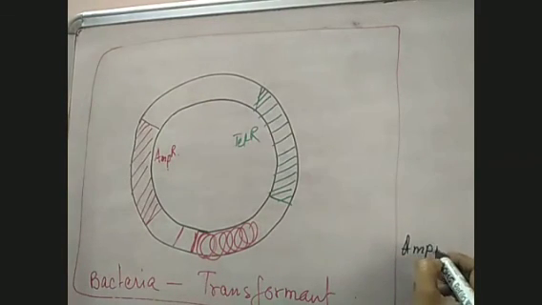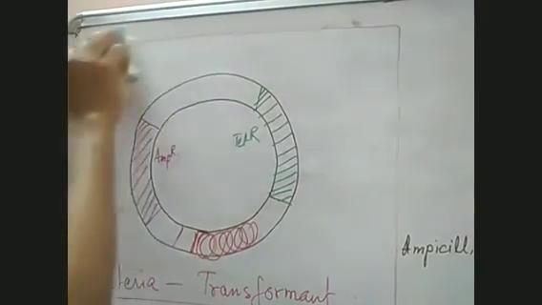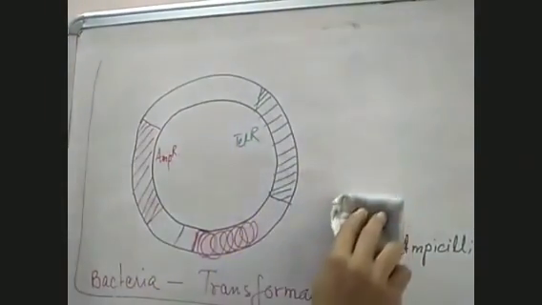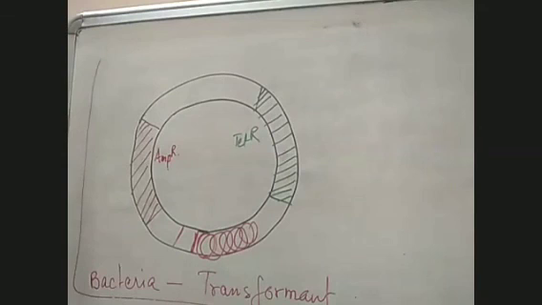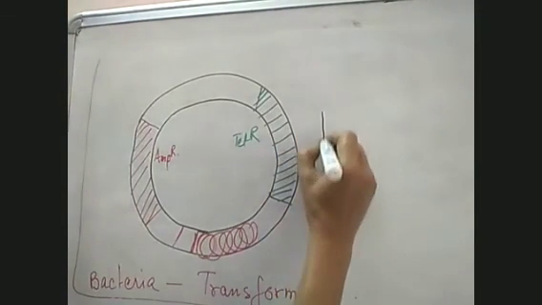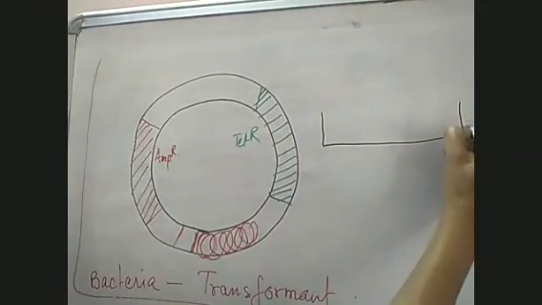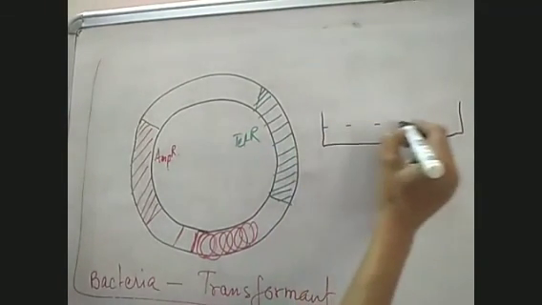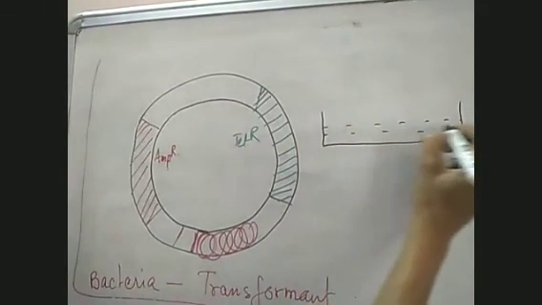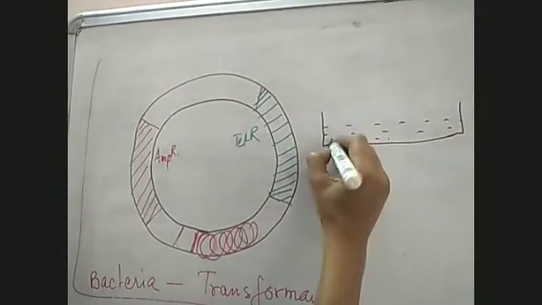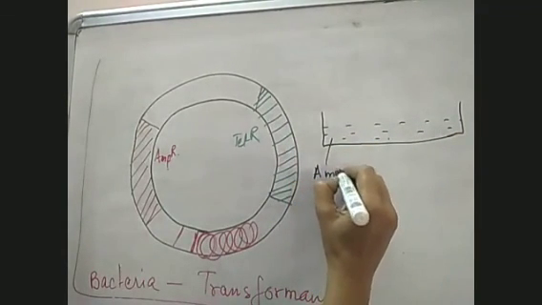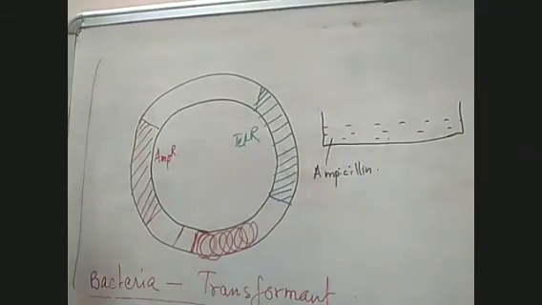We have got a number of bacteria. I'll make it here. This is a plate, a petri dish with ampicillin in it. This is ampicillin, antibiotic.